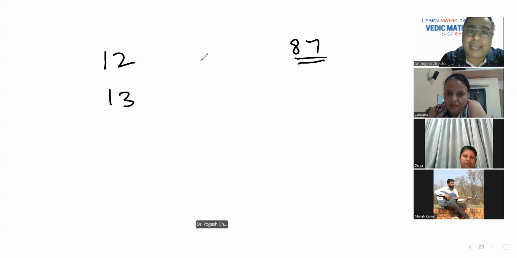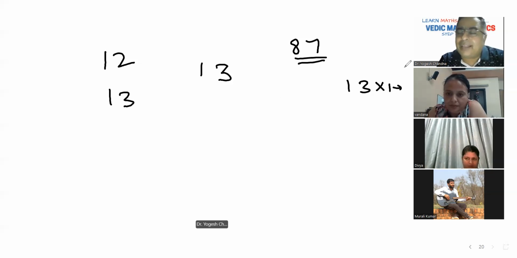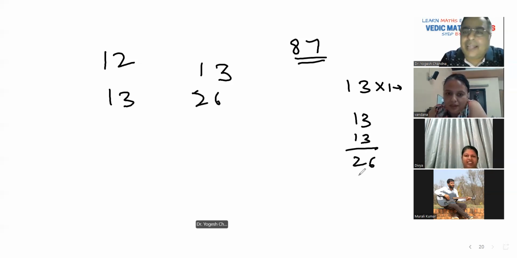Now, how do we write tables? I'll give you an example of 13 first. I write 13, 13 ones are 13. This is cramming. Now, for a student who cannot cram, we say, okay, add 13 again and again. 13 plus 13, 26. Again add 13, 39.